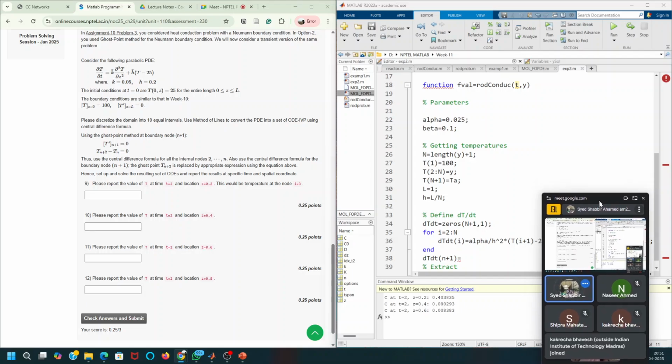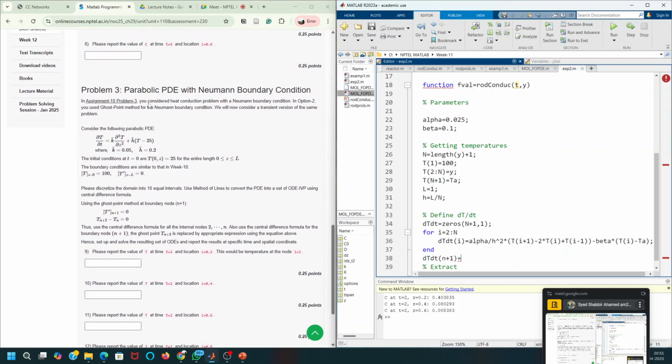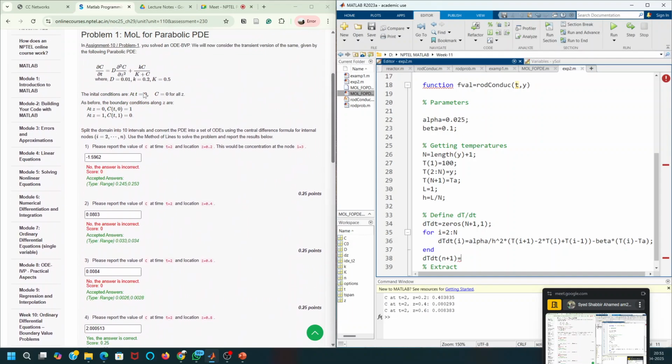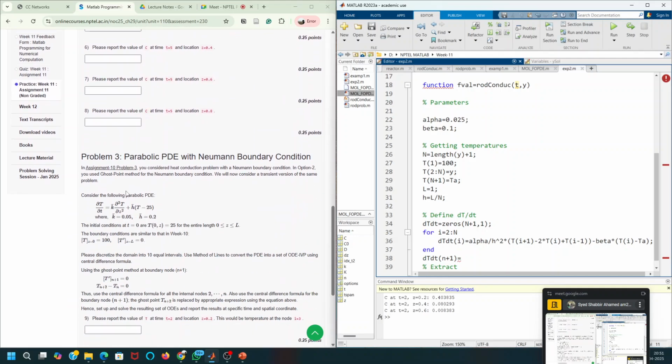You want to ask? Okay. Here k bar is nothing but alpha and beta is nothing but h bar. Whatever we have here, h and beta, I'll just change these values.